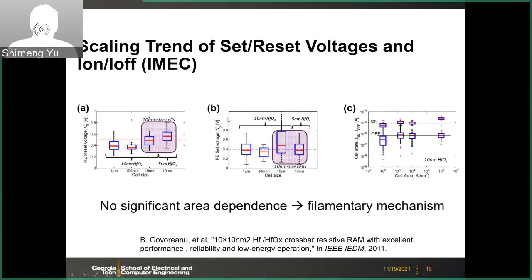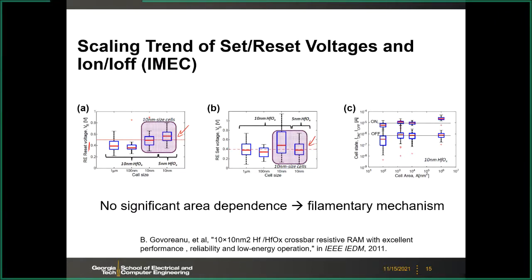And after the first time forming, then the following set and reset voltage can be lower. So here across multiple device dimensions, even down to 10 nanometer by 10 nanometer, you see that the reset voltage is about 0.6 volts, and then the set voltage in their case is about 0.5 volts.